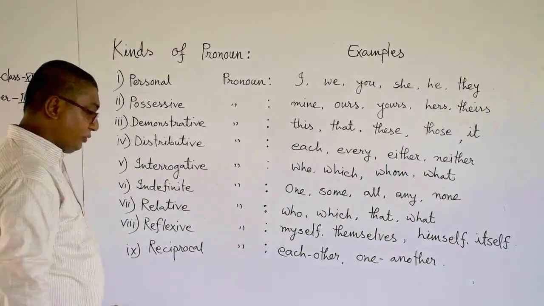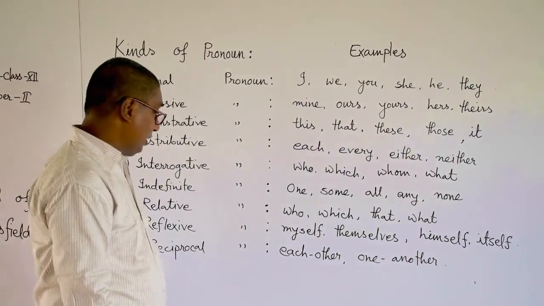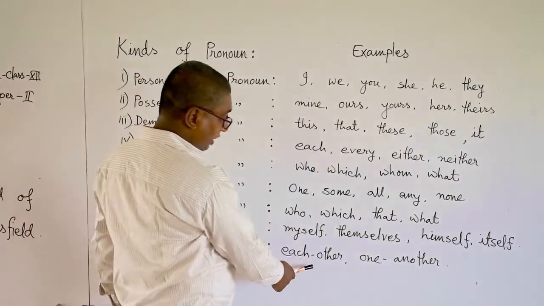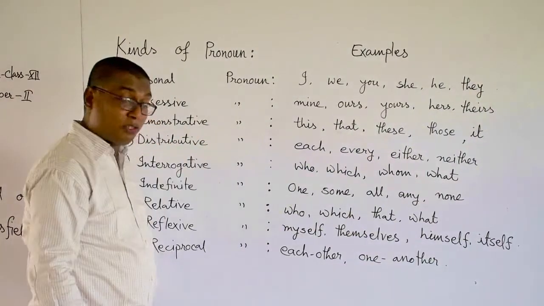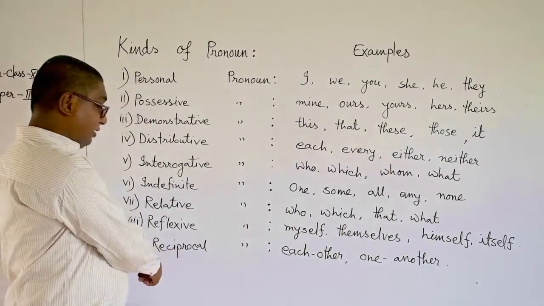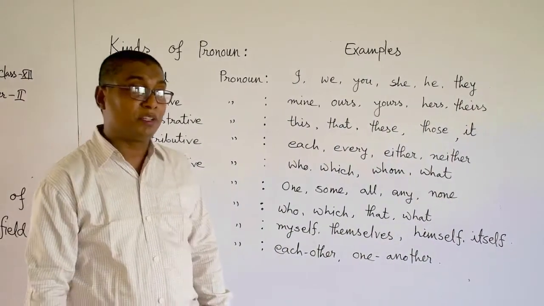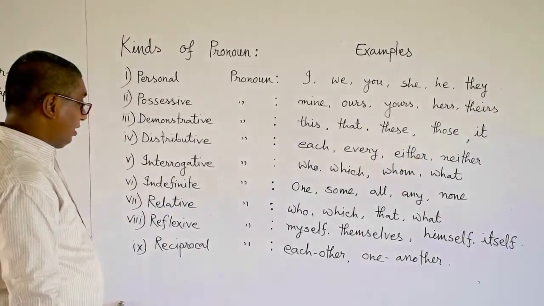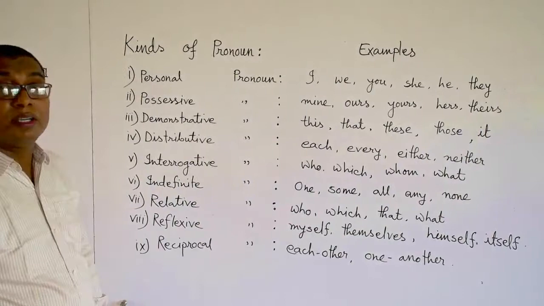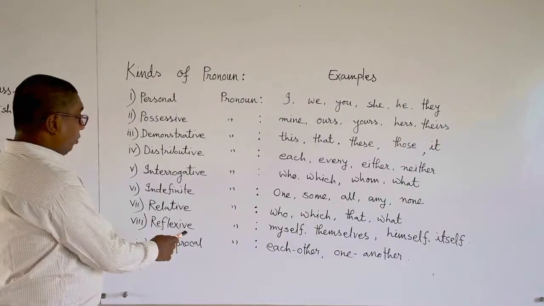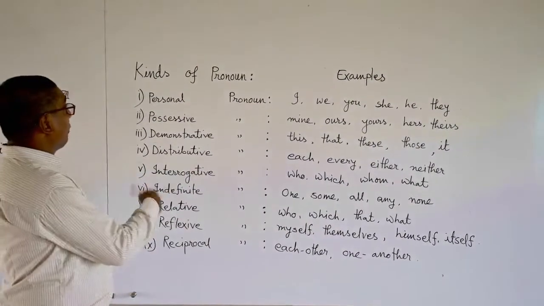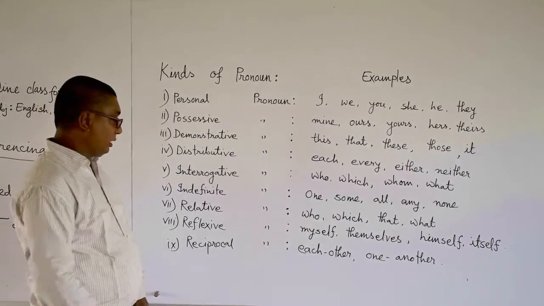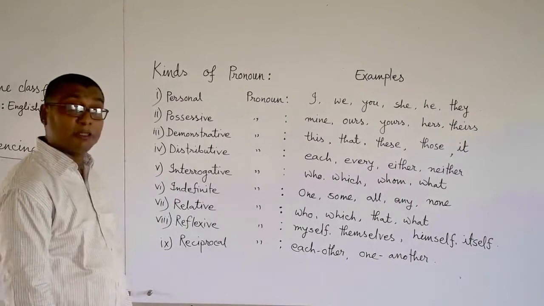And finally we can say reciprocal pronoun; only two are found, each other and one another, and reciprocal pronoun usually reciprocates. So we have learned 9 kinds of pronouns here, and especially I want to give you some tips on relative pronoun.